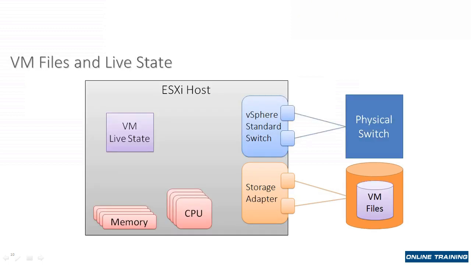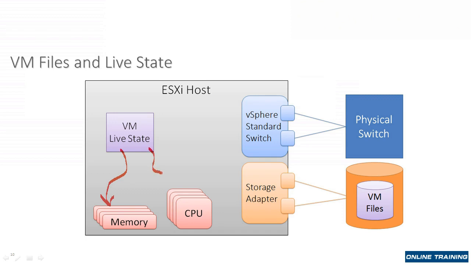Now, one more thing about our virtual machines that's important to understand at this point. A virtual machine is made up of 2 major pieces, right? We have the virtual machine files and the live state of the virtual machine. So let's talk about the live state first. Every virtual machine that's running is going to have contents in memory. This is all the programs that are running in the current state of the virtual machine.